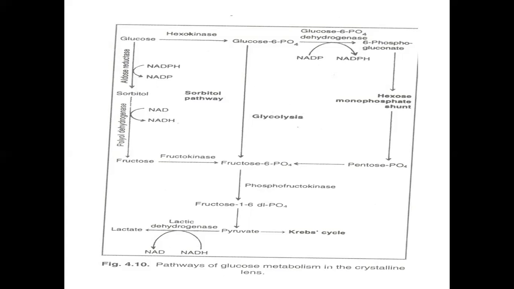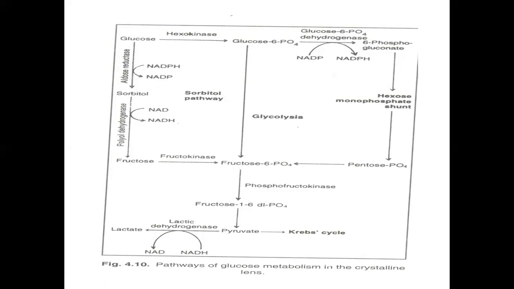Then from there they produce fructose 6-phosphate, and the enzyme fructokinase converts fructose 6-phosphate to fructose. In the other one, the glycolysis pathway, glucose 6-phosphate goes directly to fructose 6-phosphate.